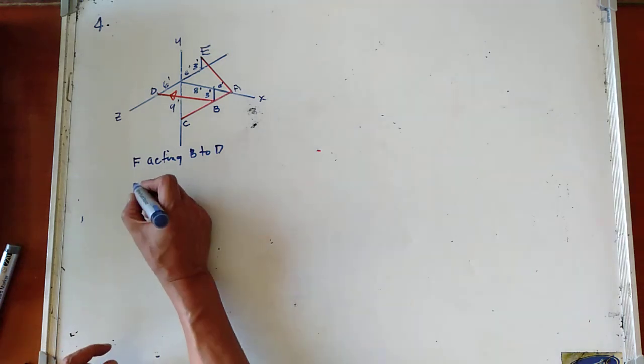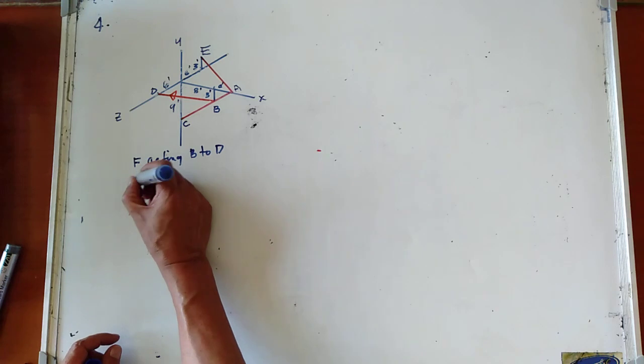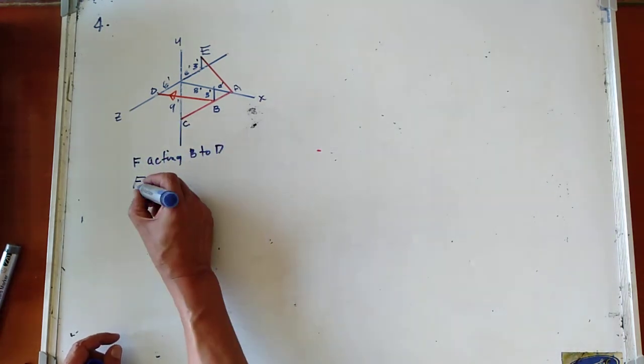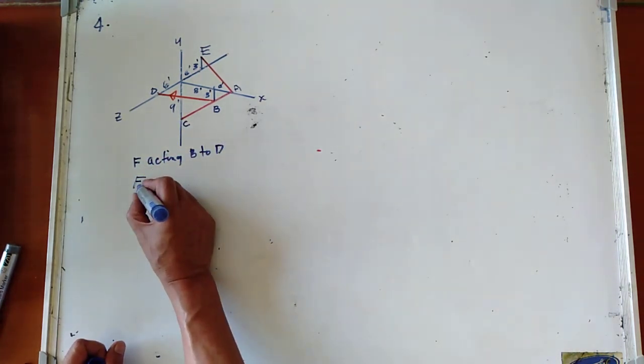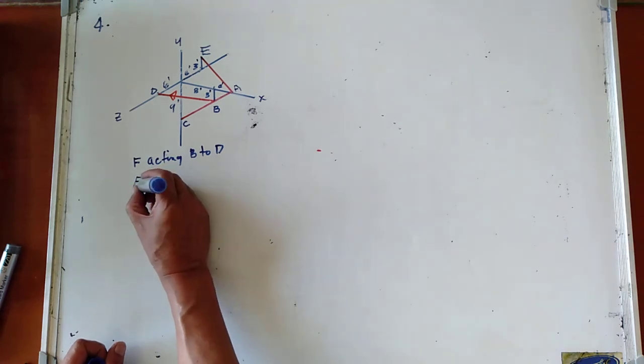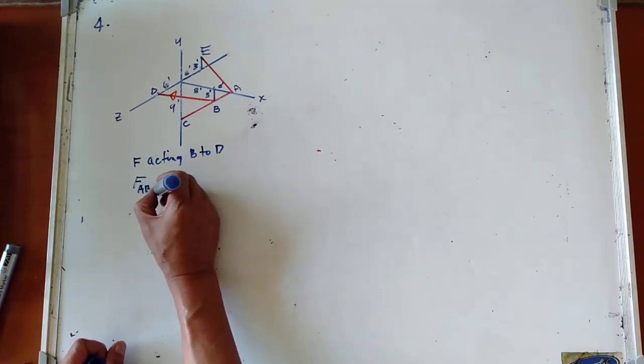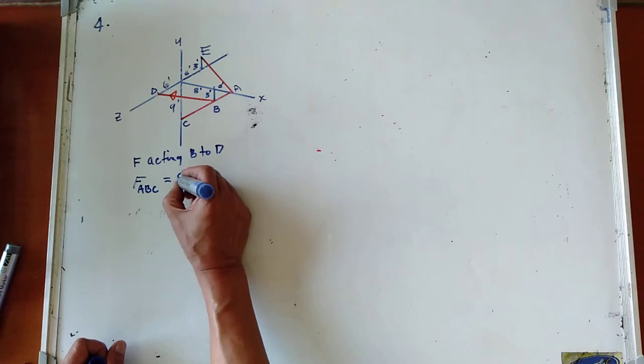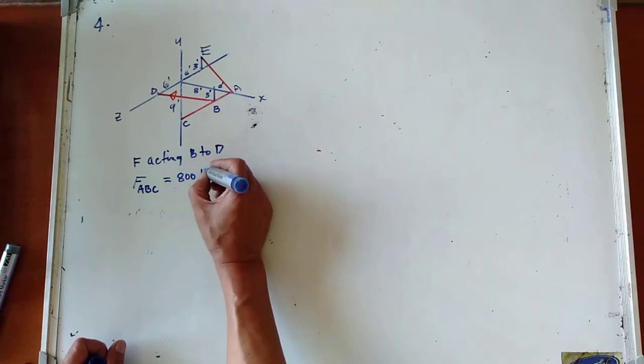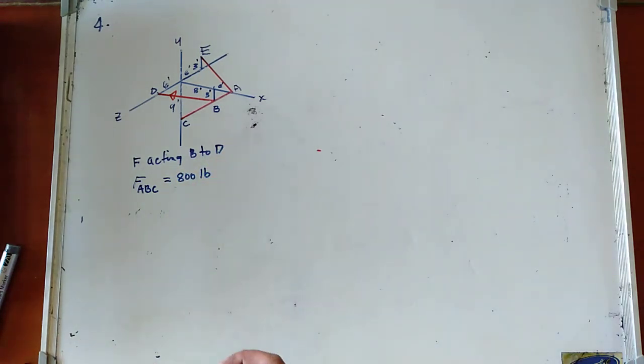So we now have the component of this vector along boom ABC equal to 850 pounds.